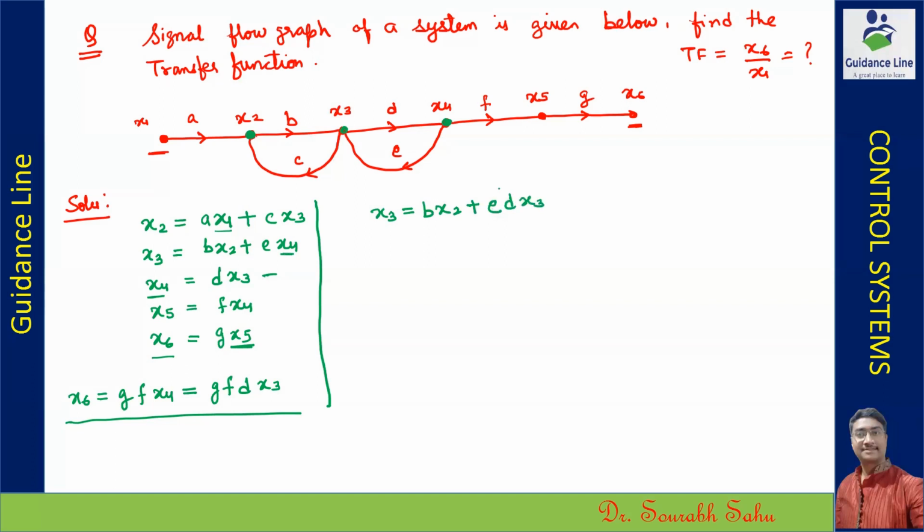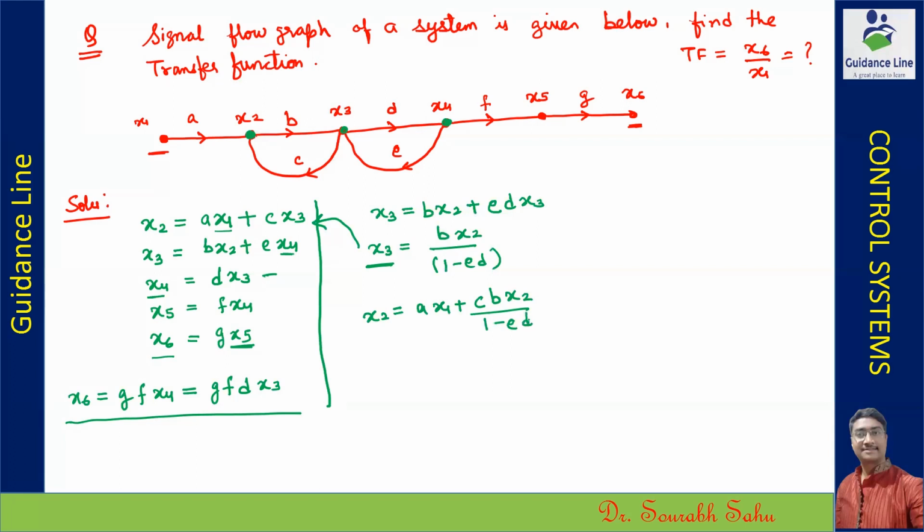Okay, so if I move e d x3 towards the left, we get x3 equals b times x2 divided by 1 minus ed. Suppose I substitute this value of x3 in the equation, so I can write x2 is nothing but a times x1 plus c times x3, and x3 is nothing but b times x2 over 1 minus ed.